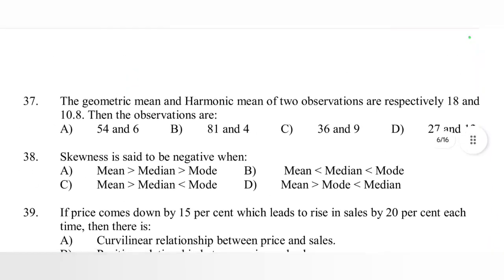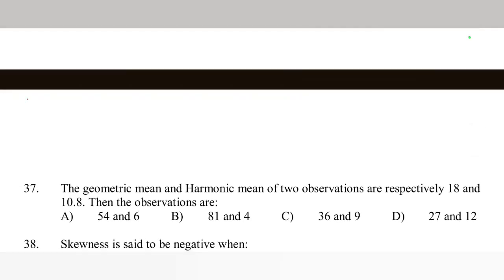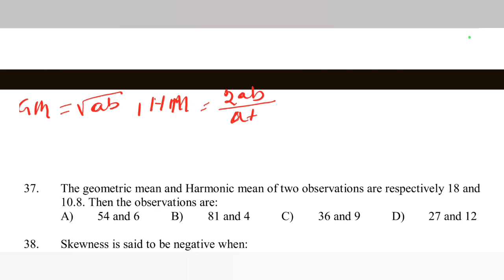To find the geometric mean, it is the root value of all the values. If we say the two observations are A and B, the geometric mean is equal to root over of AB. And to find the harmonic mean, the formula is 2AB by A plus B. This is the formula of harmonic mean.